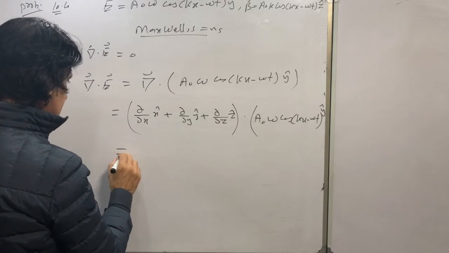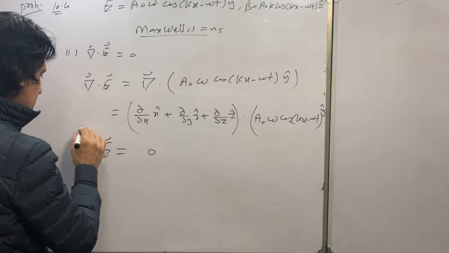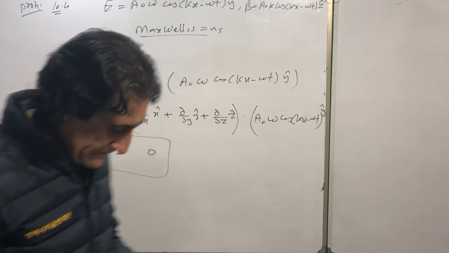So the divergence of this is equal to 0. It means that the first Maxwell equation is satisfied.